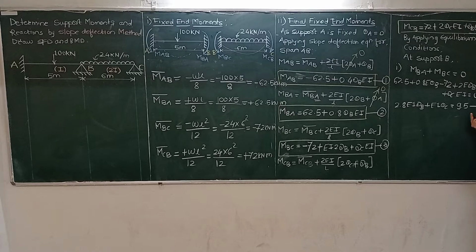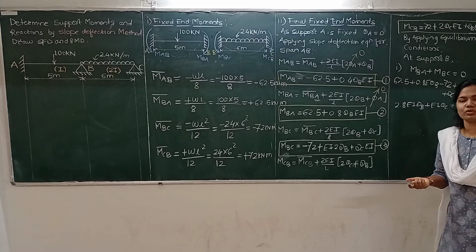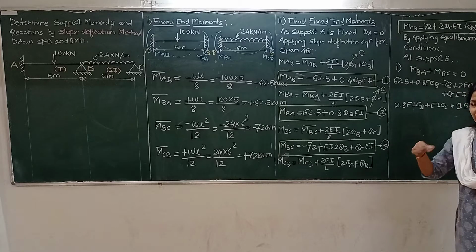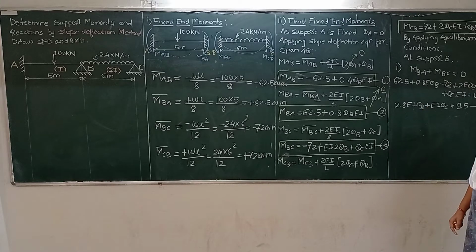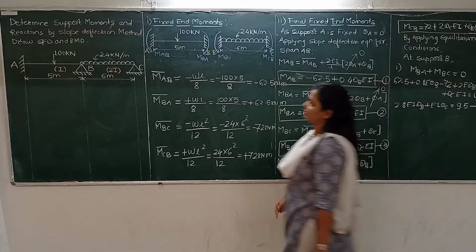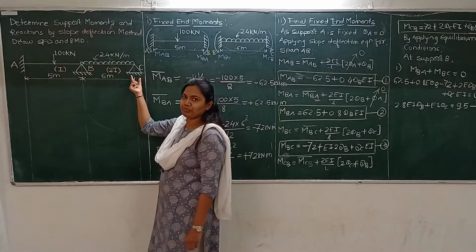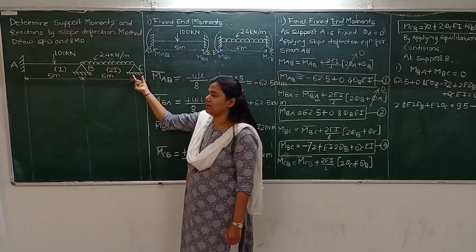Now again, if we try to solve for any unknown from equation number 5, we cannot, because we have unknowns theta B and theta C, so we have one equation and 2 unknowns. To find these two unknowns, we require one more equilibrium condition. So let us think about the equilibrium condition we can apply to our continuous beam. If you further see, at support C, this is the end support, which is simply supported.